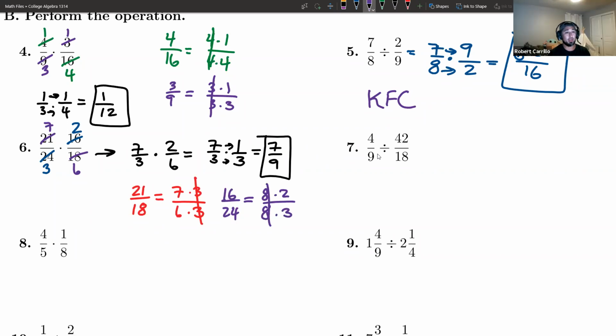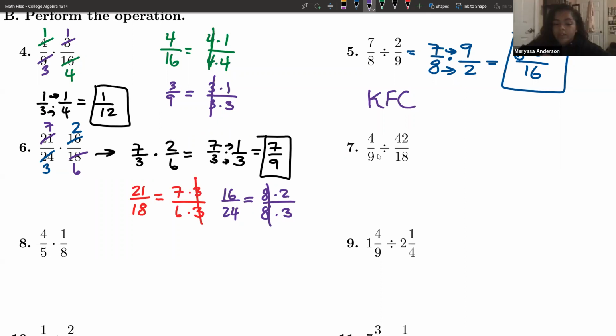Cancel those, and you're left with 2/3. That's what you see right there. Then I took these reduced fractions and put them right here. From here we reduced this to 6 into 1/3, and then we multiplied the fractions.